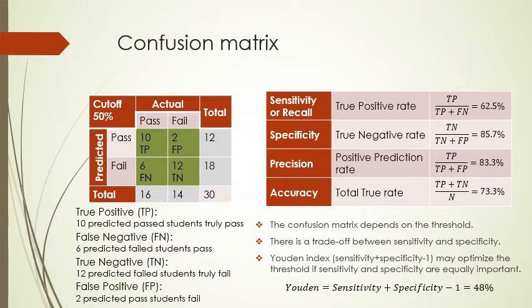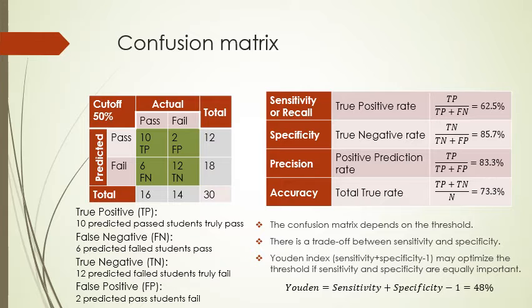Then, if the predicted probability of pass is larger than 50%, then we predict the student will pass. Otherwise, the student will fail. Under the threshold, we may have the confusion matrix below.